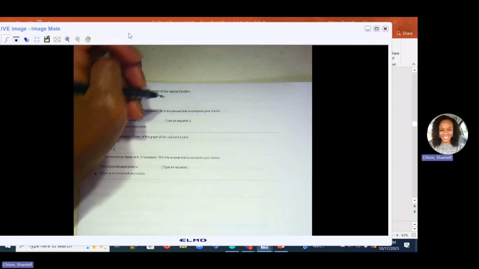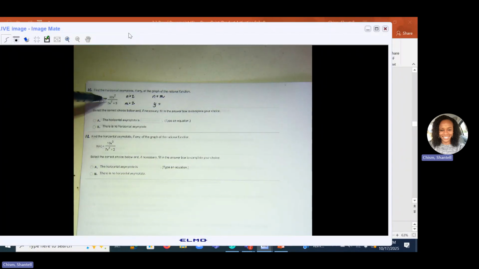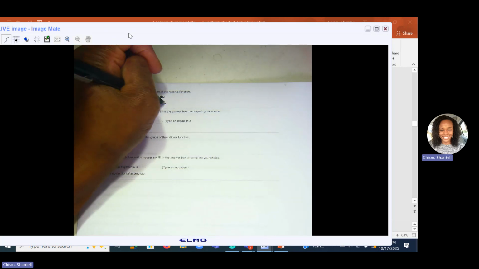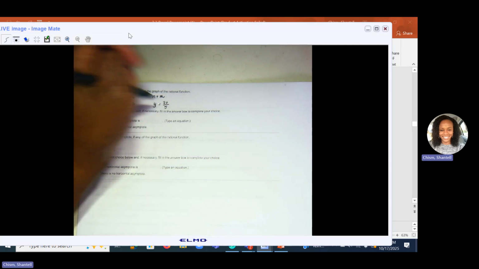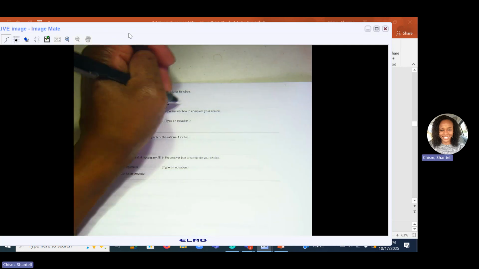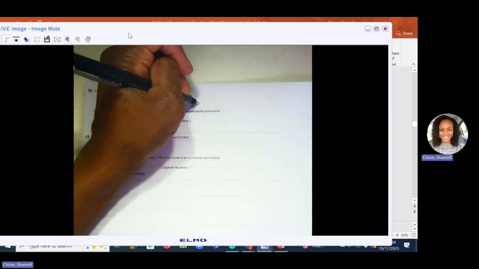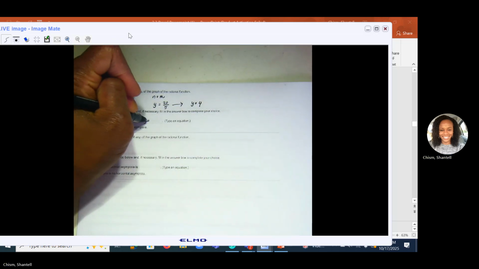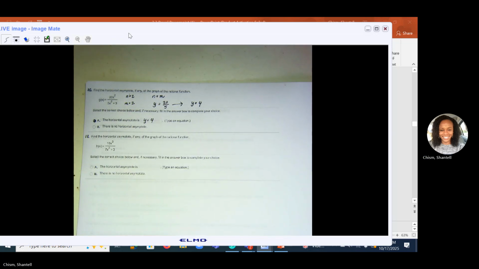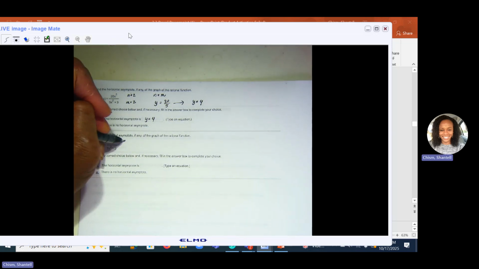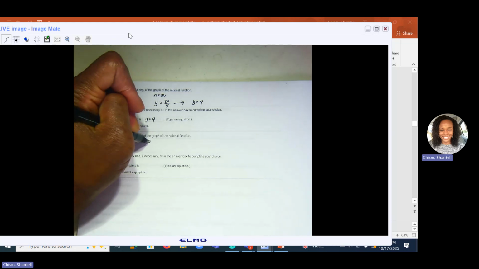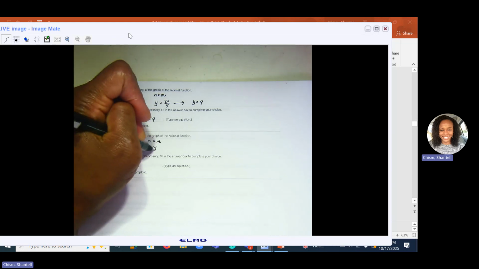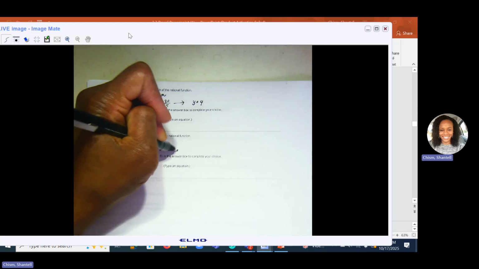So your horizontal asymptote will be the line y equals 20 over 5, the leading coefficient of the top over the leading coefficient of the bottom, which then becomes y equals 4. Okay? And then number 11, the degree of the top is 3 and the degree of the bottom is 2. So n is greater than m. So there is no horizontal asymptote.